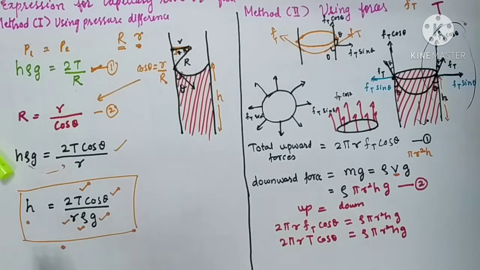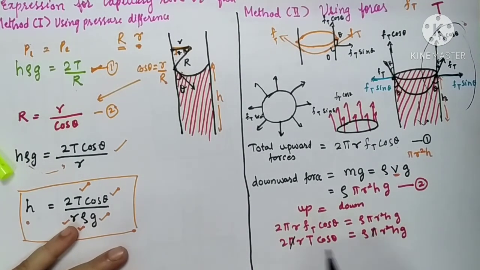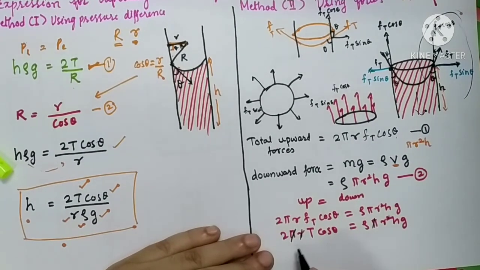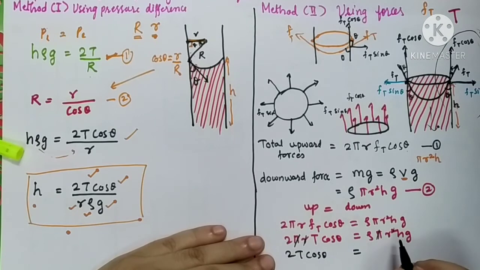Then pi is going to get cancelled, and one of the r is going to get cancelled. On the LHS, we will be getting 2T cos theta is equal to, what will be remaining on the right hand side? Rho r h g.